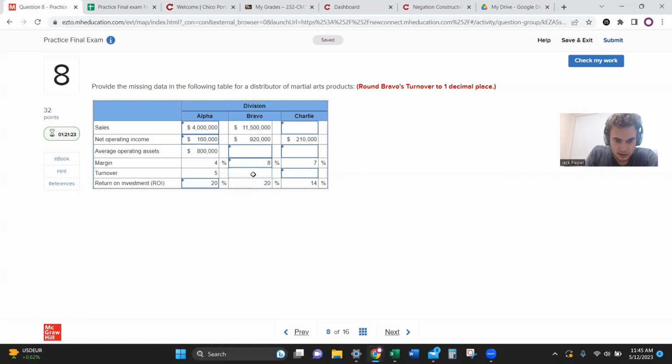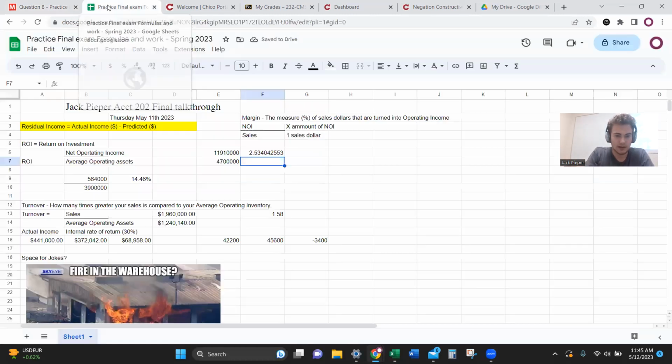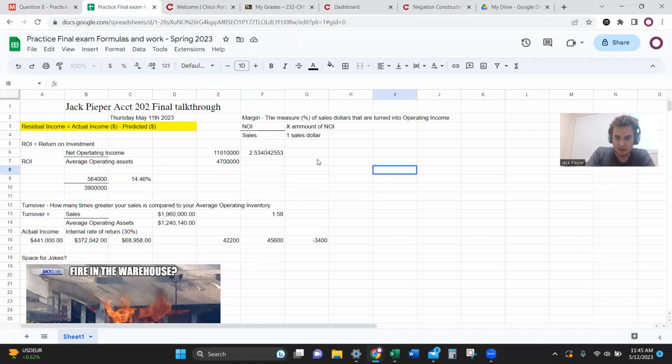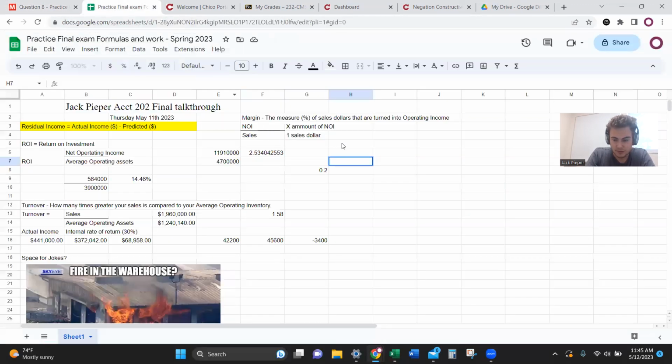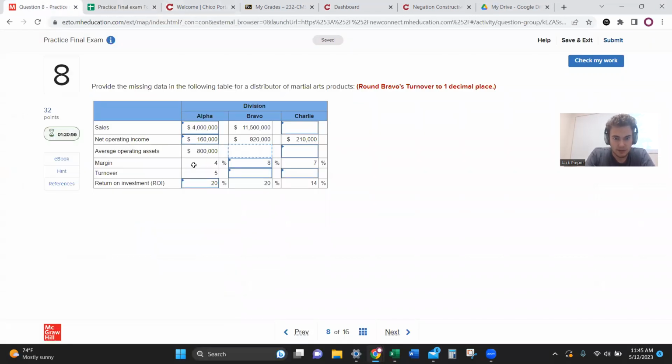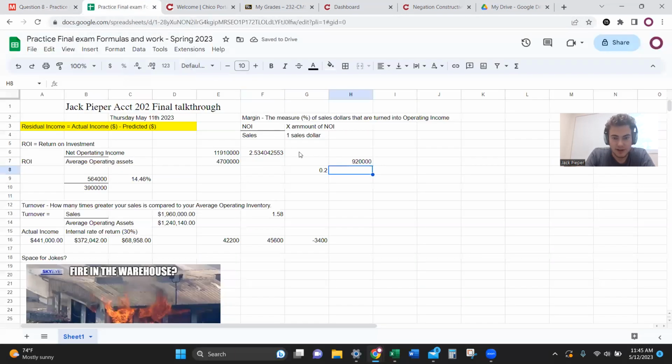Okay, and if we know that our return on investment is 20%, we can work backwards. We know that our ROI is net operating income divided by average operating assets, and we know that our ROI is 0.2. We can then take our net operating income, which was given to us, of 920,000, and create the denominator to be X. So that's what we're solving for.